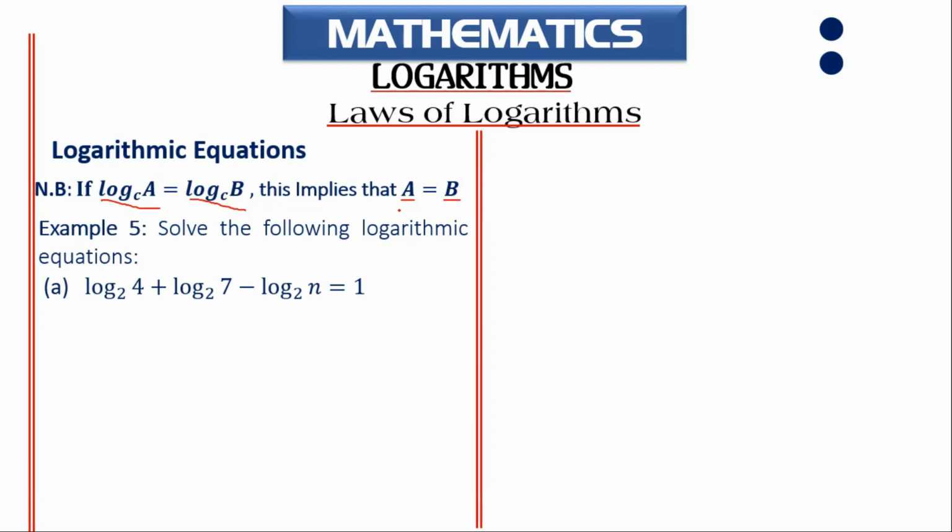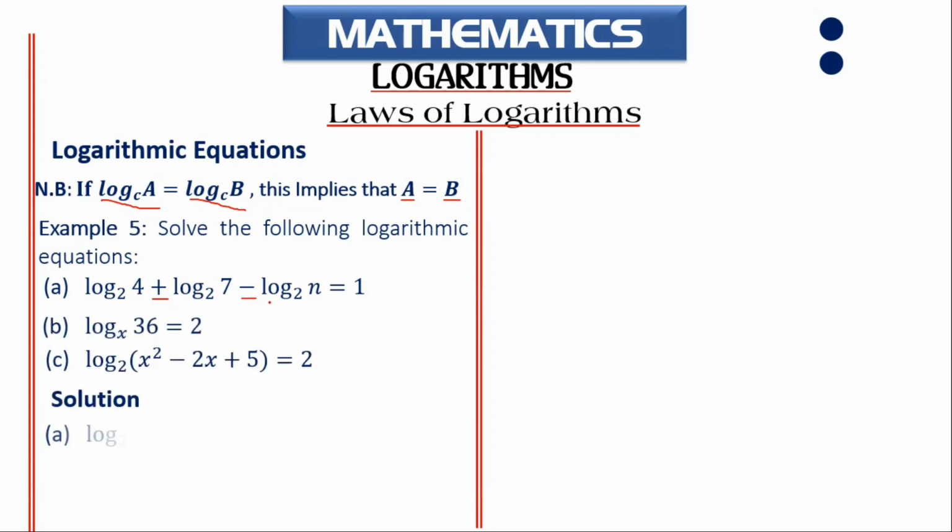All of them are the same base, so our multiplication law can take its place here, and our division law can take its place here. That means the first part will give us log to base 2 of 4 times 7 over n.